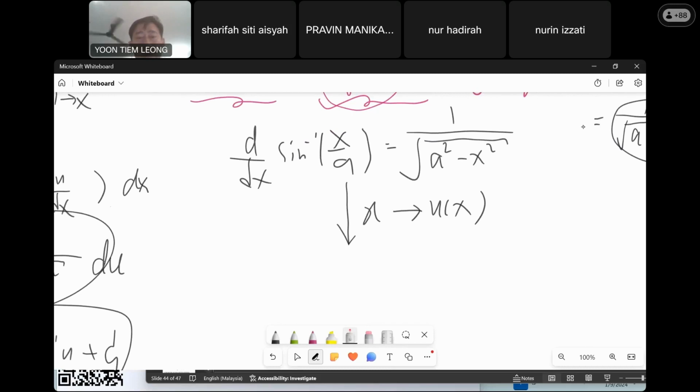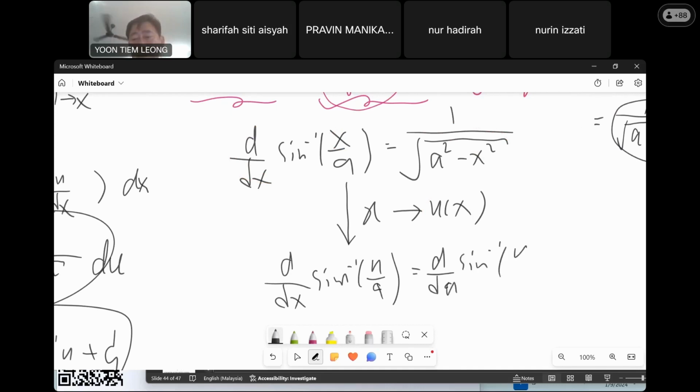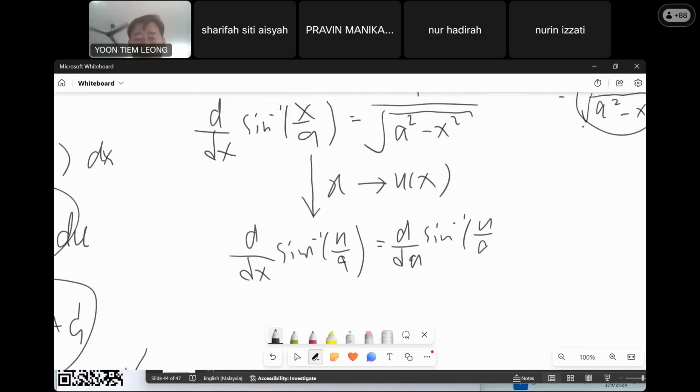When I promote these relationships for x into a full function, I can do that by using the chain rule again. d dx of arc sine of u over a is then d du of arc sine of u over a times du dx.